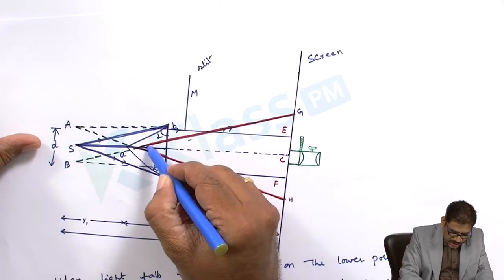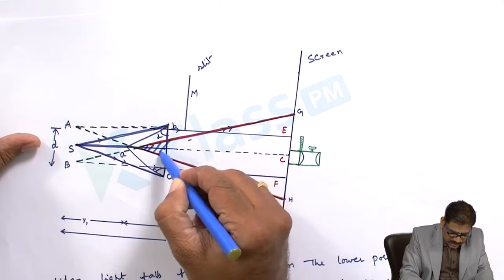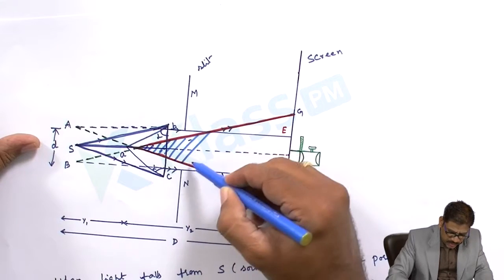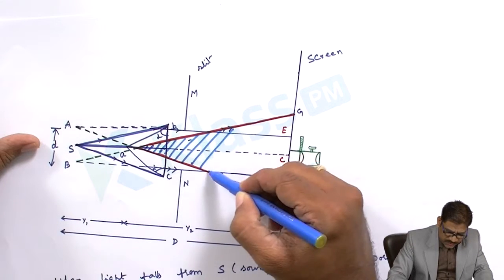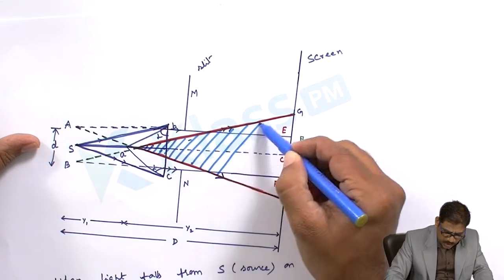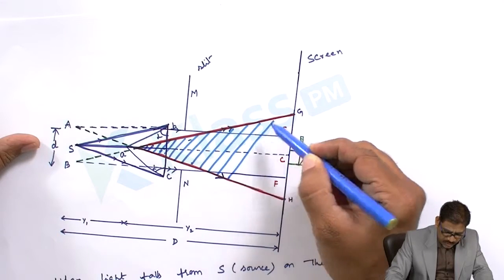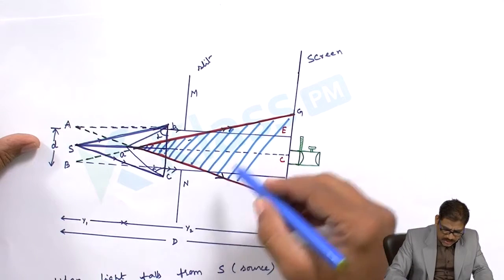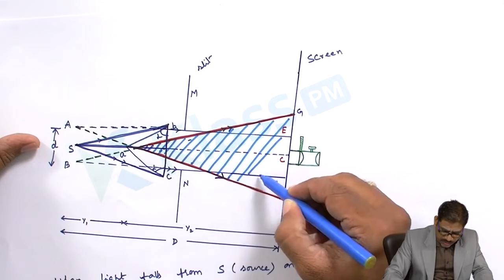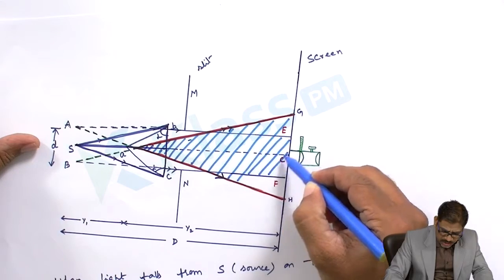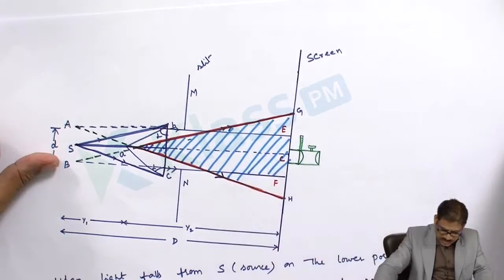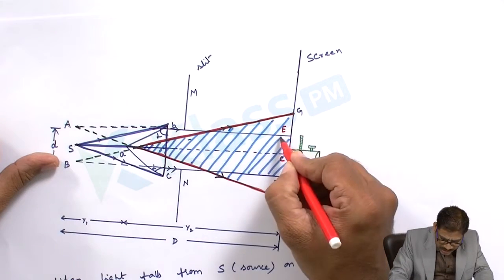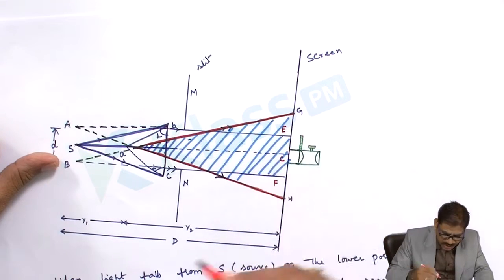So let me show it in a proper sketch here. So these are the fringes between E and F. If C is the point at which the screen is kept, then between E and F is where we are able to see the pattern. So these are the points. This is the complete width, but between E and F is what we are trying to say.